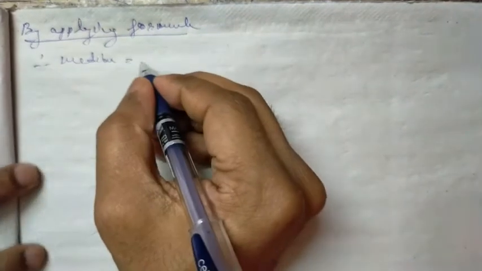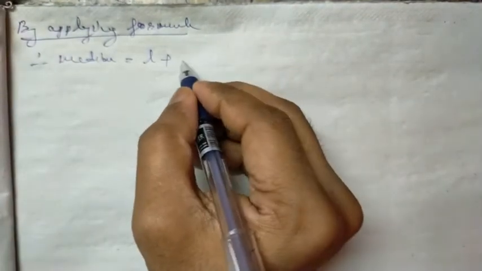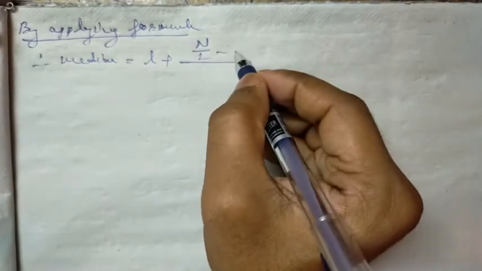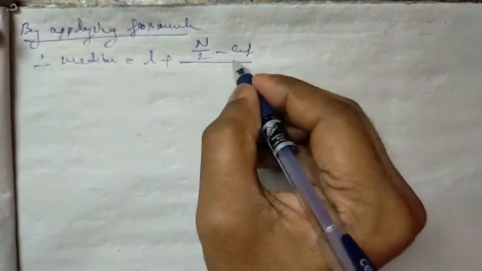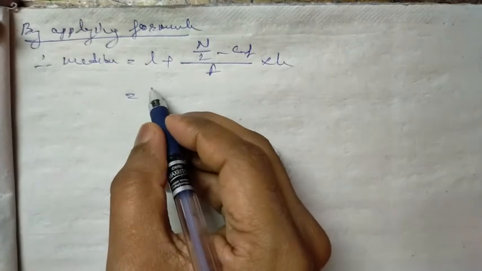Now we'll apply the formula. Therefore, median is equal to L plus n by 2 minus CF, into H divided by F. So what is our L?